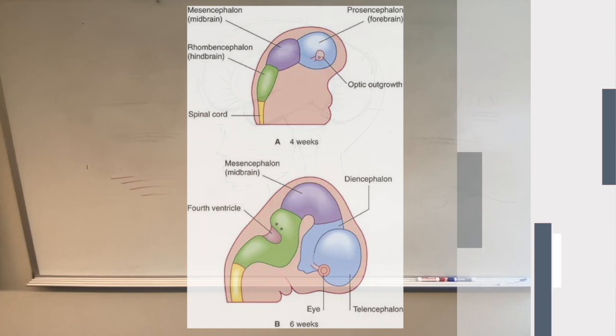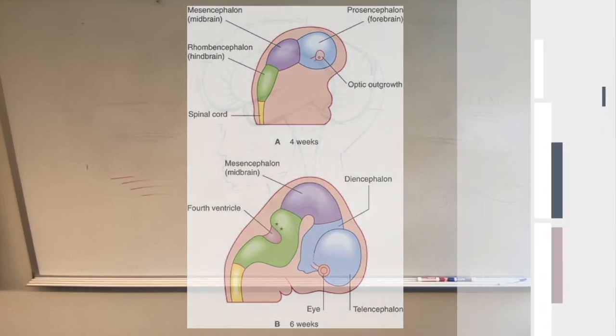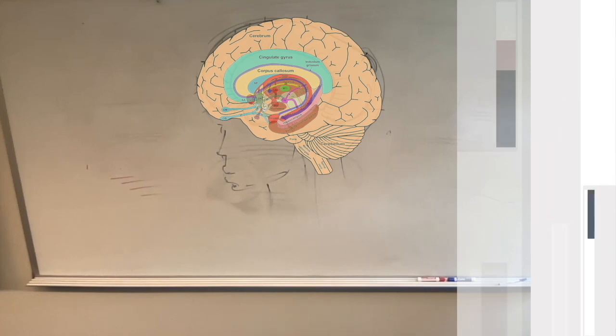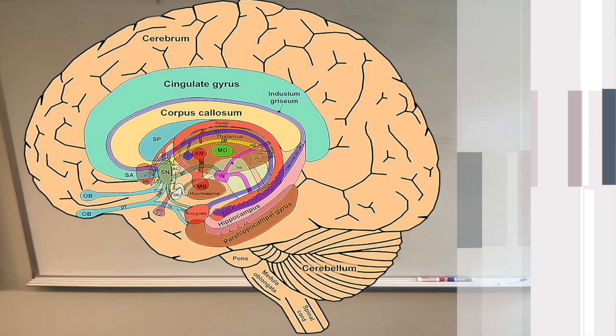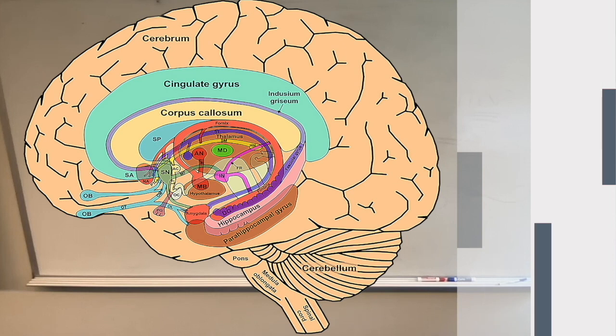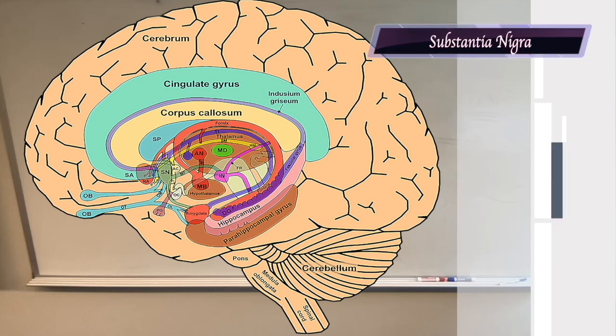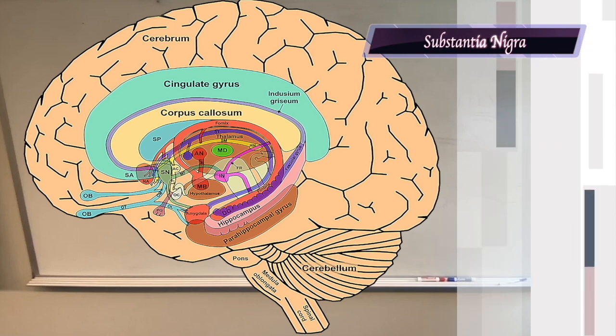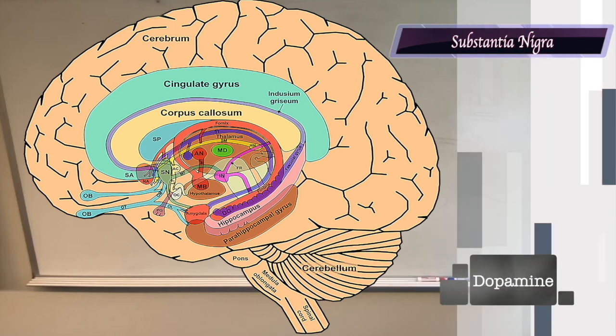So you have movement, hearing, understanding how the environment and space works. So we calculate and filter out responses, and it also contains the very, very important substantia nigra, which you probably heard before because it's where dopamine is located.